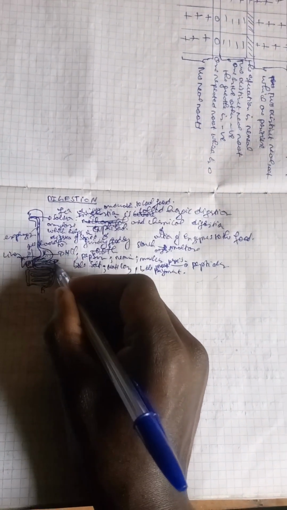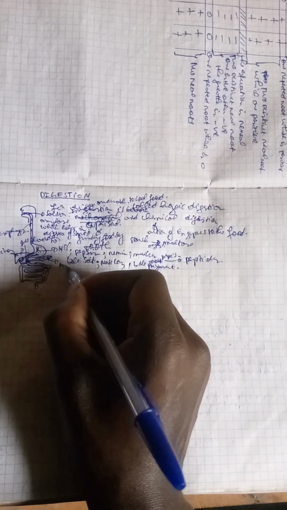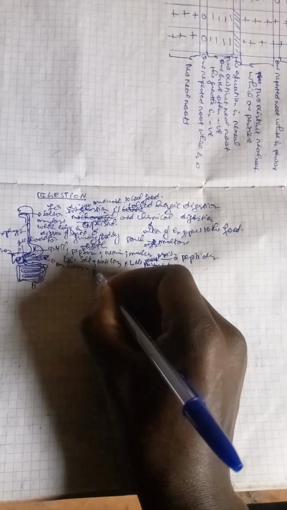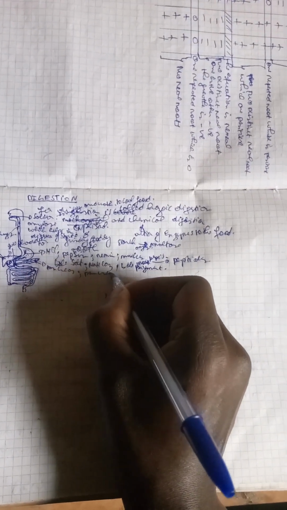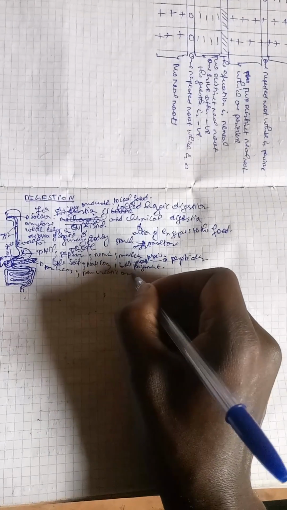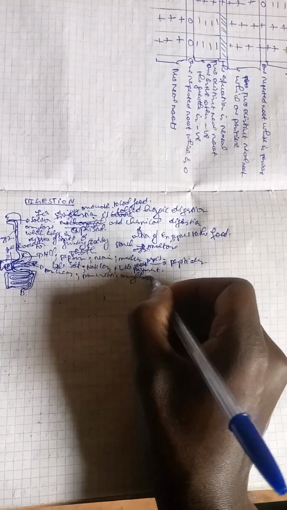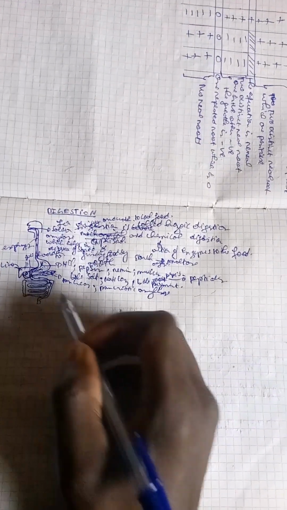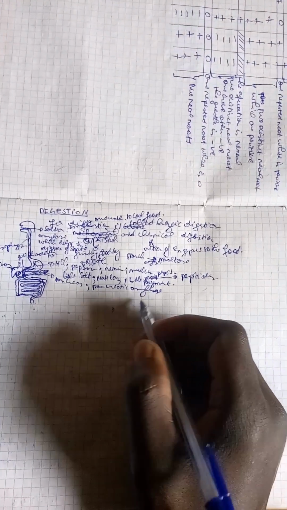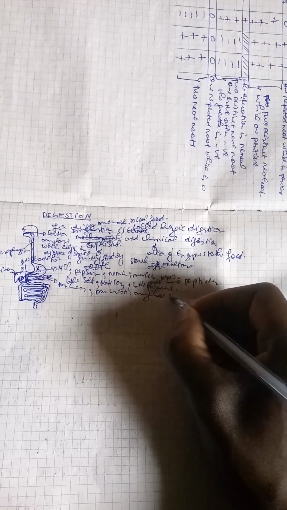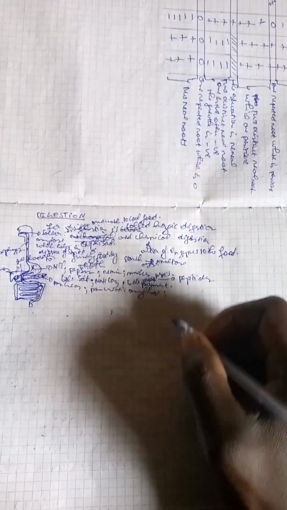Also, in the duodenum there is the pancreas. The pancreas secretes pancreatic amylase to digest starch. In this pancreatic juice, there is pancreatic amylase.